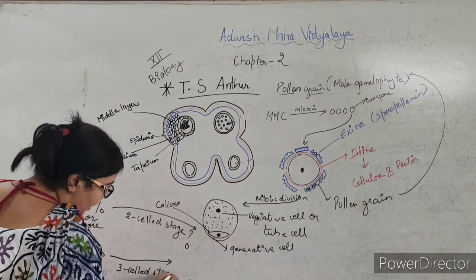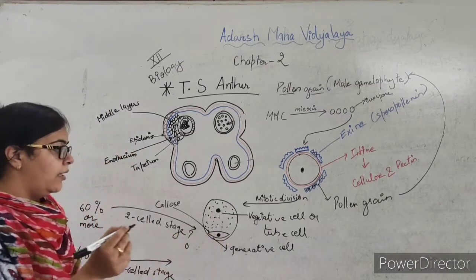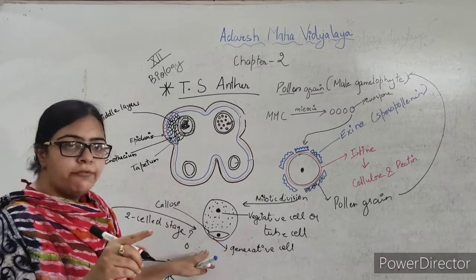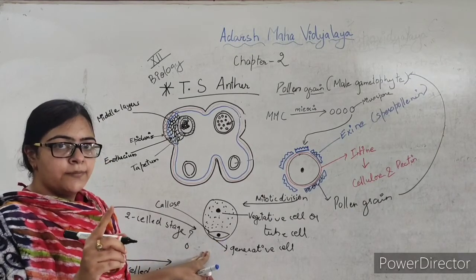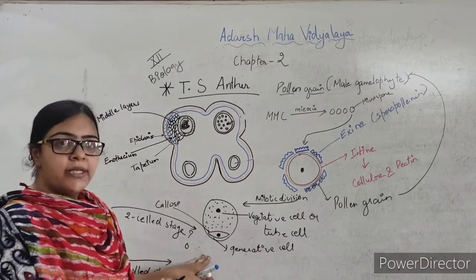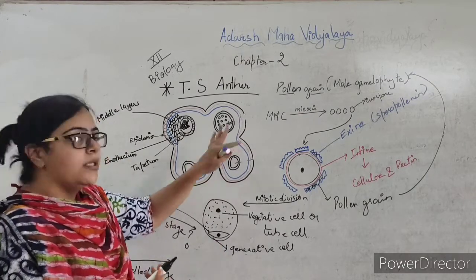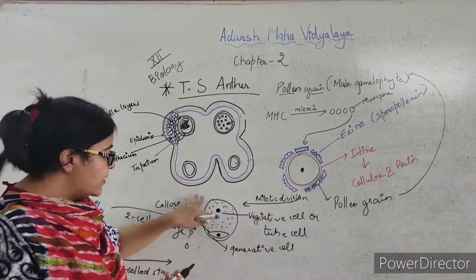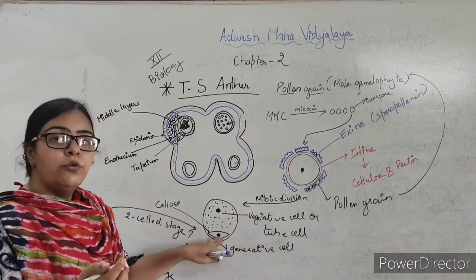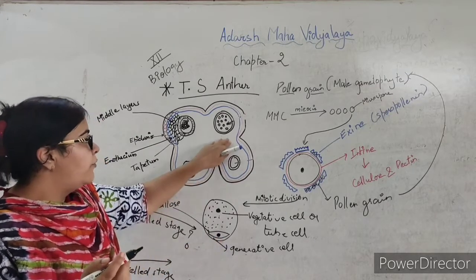It means that this generative cell will undergo a mitotic division and form 2 male gametes before the release of the pollen grain from the pollen sac. So the pollen will have a vegetative cell and 2 male gametes when it is shed from the pollen sac.